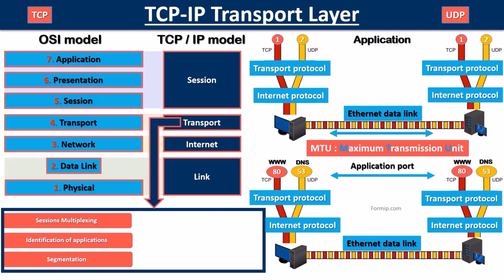MTU is what allows you to define the maximum byte size of a packet before it's transmitted over the network. By default, the MTU of IP is 1500 bytes. Unlike TCP, UDP doesn't provide segmentation services. It prefers to leave this job to the applications.